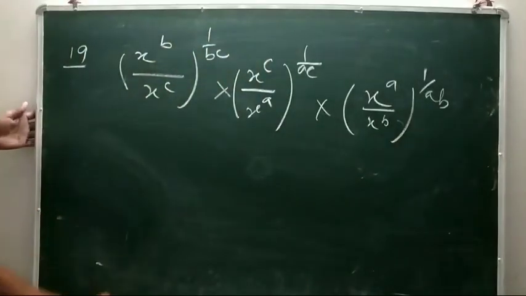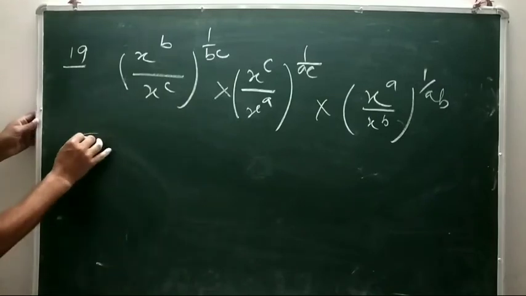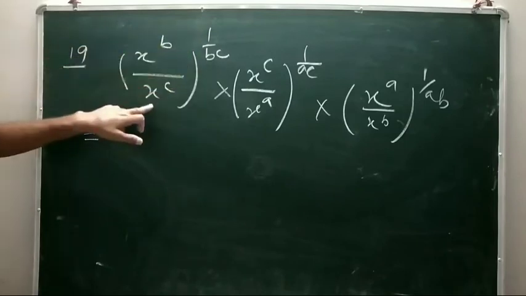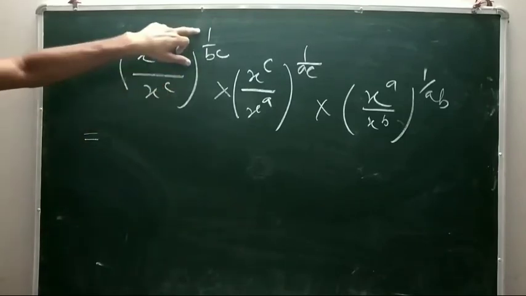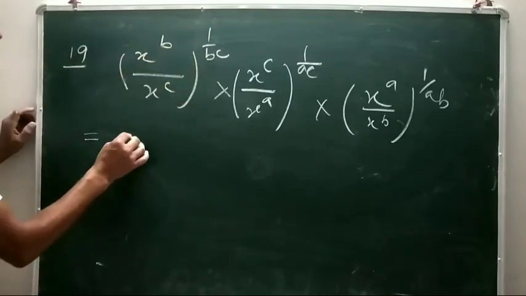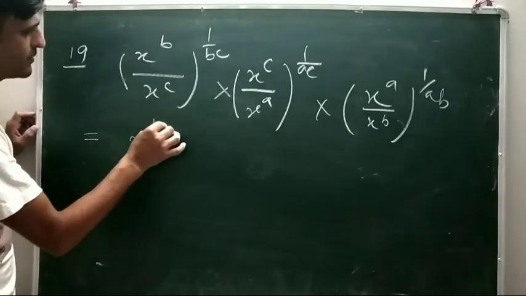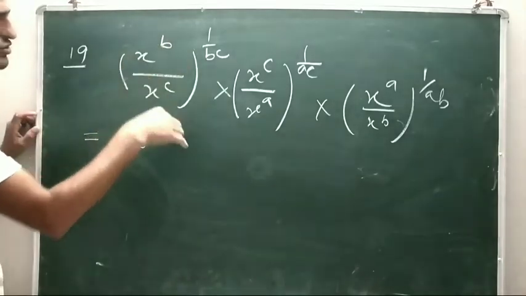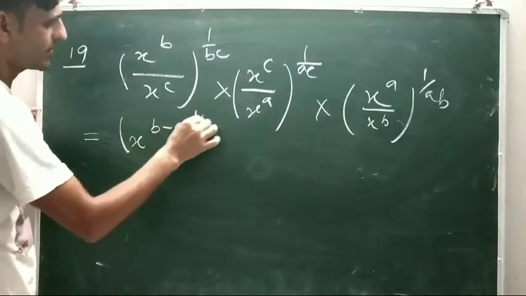So let us take the left hand side. What will we get? It is x to the power b divided by x to the power c and the whole power is 1 by bc. So it can be written as x to the power b minus c. Bases are the same and it is division, so the powers should be subtracted, and the power is 1 by bc.